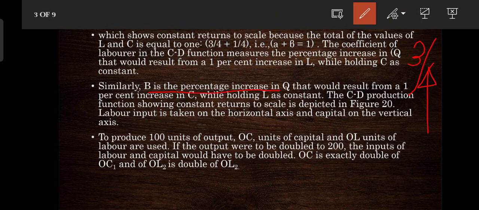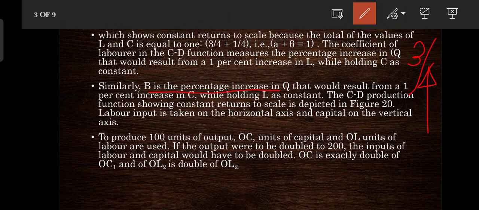Okay, beta is the percentage increase in the output which results from a 1% increase in the capital. So I think it's clear, and at the same time we are holding labor as constant. Okay, so we are taking only one at a time. If we are taking labor, we will be keeping capital as constant, and if we are taking capital, then we are keeping labor as constant.